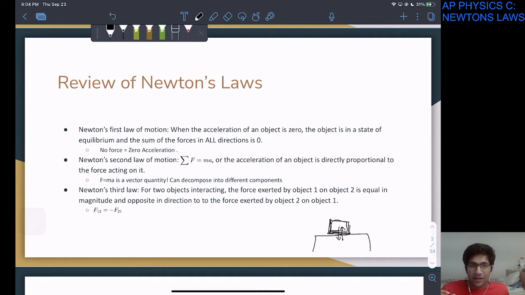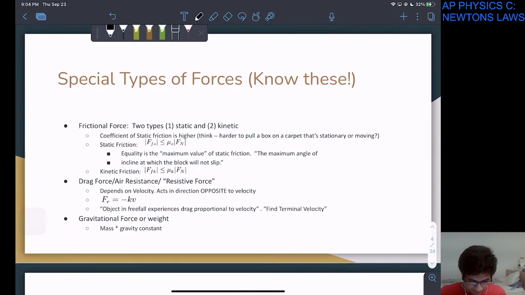And this is two objects that are interacting. The net force is 0 because there's no motion. So that's Newton's first law, right? The sum of all forces is 0, there's no net acceleration. And Newton's third law is saying equal and opposite reactions.